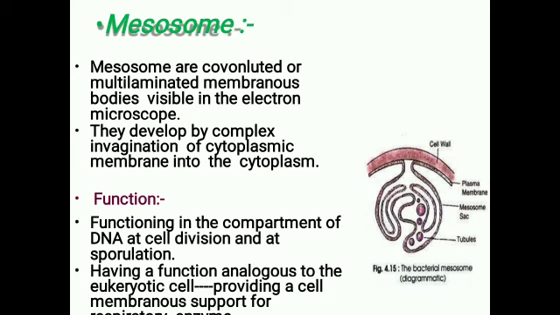The function of the mesosome is to act as a compartment for DNA at cell division and sporulation. It has a function analogous to the eukaryotic cell, providing support to the cytoplasmic membrane and also for the synthesis of enzymes.